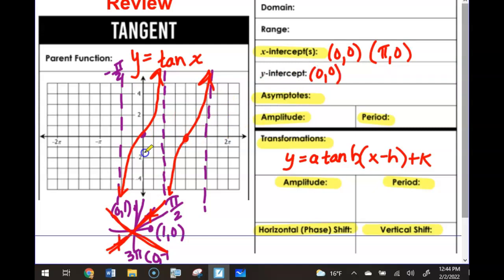Okay, it has asymptotes at x equals negative pi over 2, positive pi over 2, and then this one would be 3 pi over 2. Okay, it has no amplitude because it is going up and down infinitely. The period is pi.